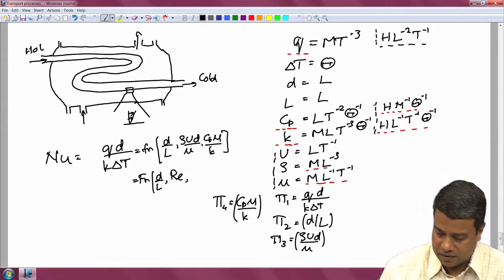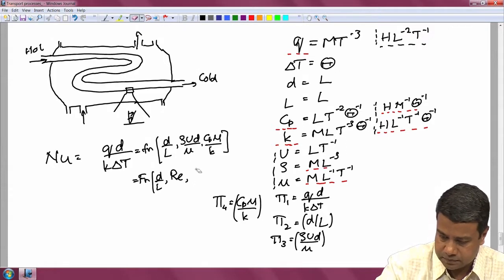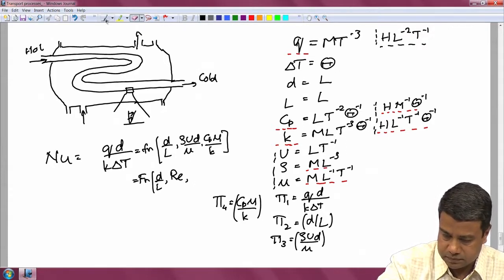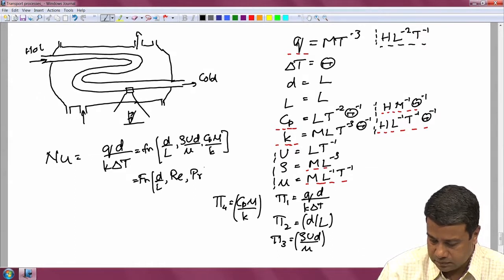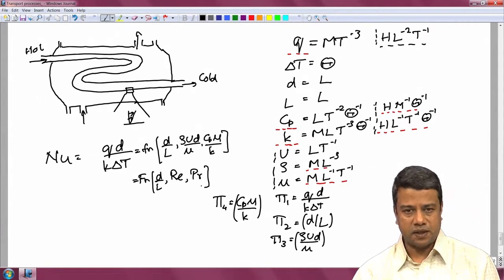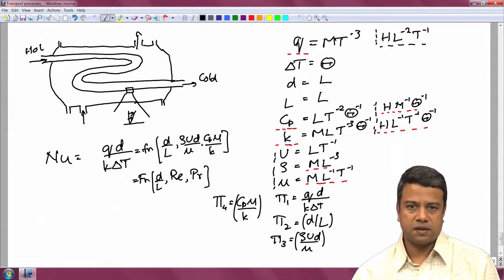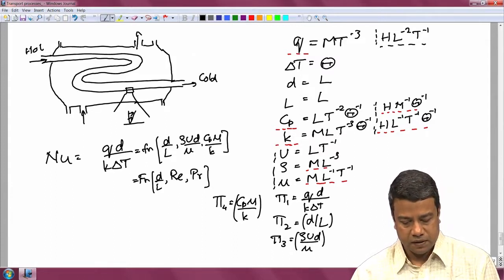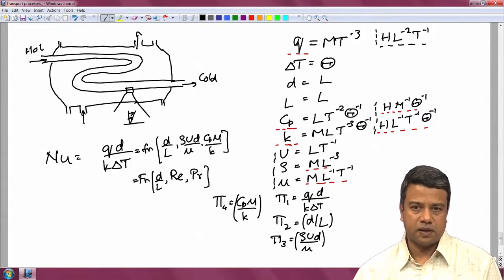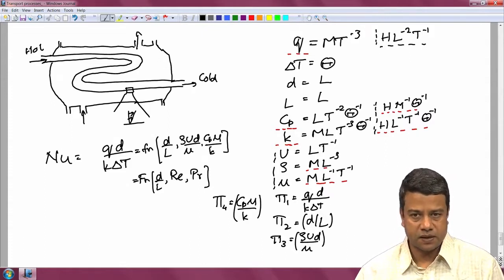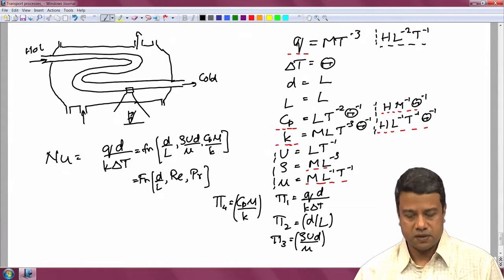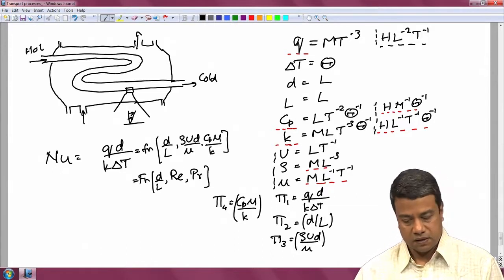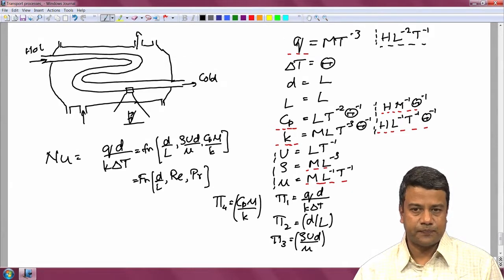It is called the Prandtl number, Cp mu by K. I will show you later that it is a ratio of diffusivities for momentum and for energy. So, we have got now the dependent quantity in a non-dimensional form, the Nusselt number, in terms of the ratio of diameter and length, the Reynolds number and the Prandtl number.